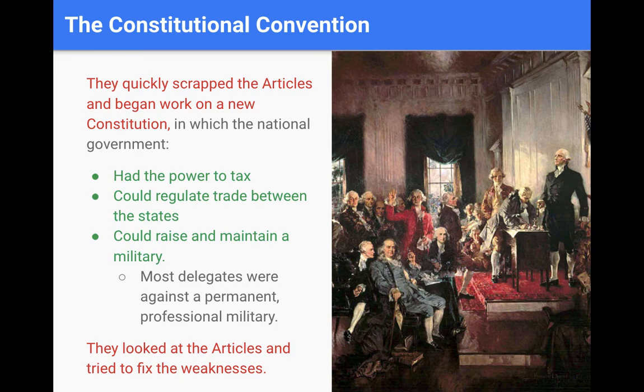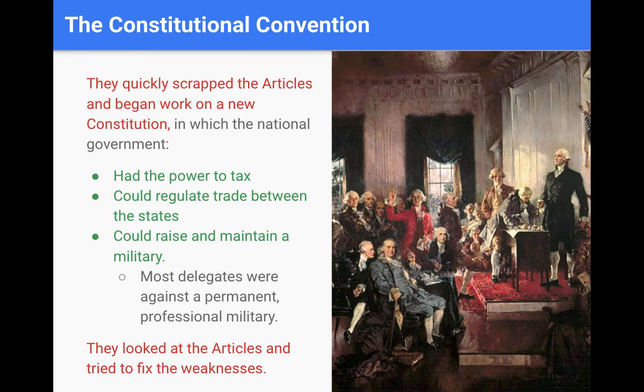And this is where some of the agreements were on multiple sides. A lot of the delegates agreed the national government needs to be able to do some of these things, like having the power to tax, having federal taxes. You need money for a government to function. Nobody likes paying taxes, but it is a necessity. They also realize that the federal government needs to be able to regulate trade between the states.